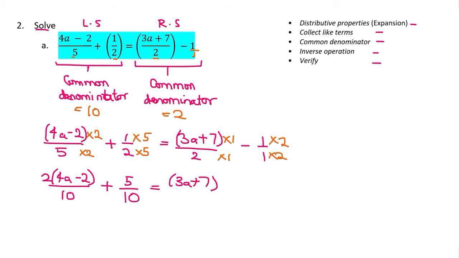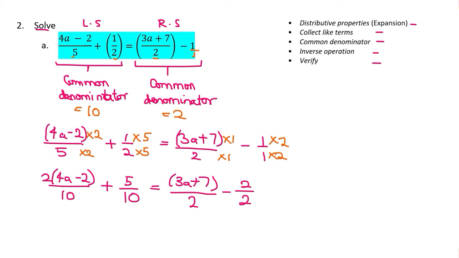We know that this is multiplied by 1, which gives us the same expression, and this is 2 times 1 gives us 2, minus 2 times 1 gives us 2.